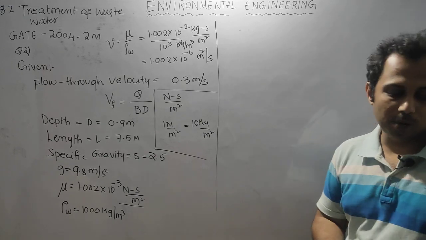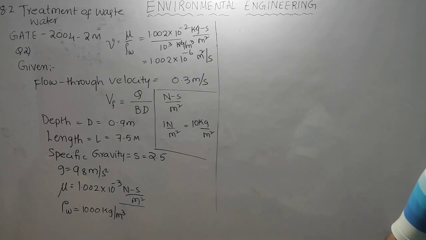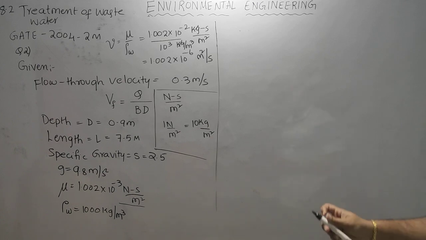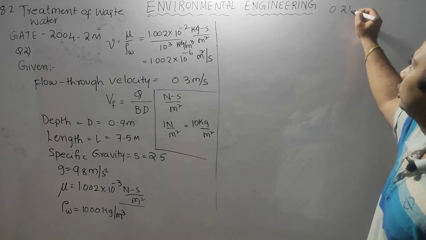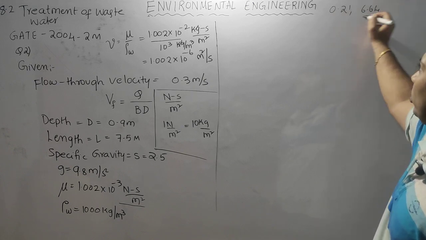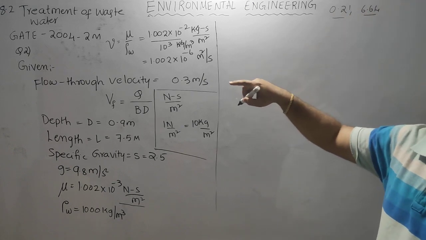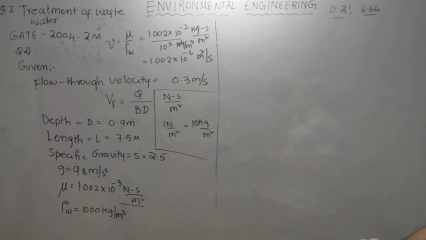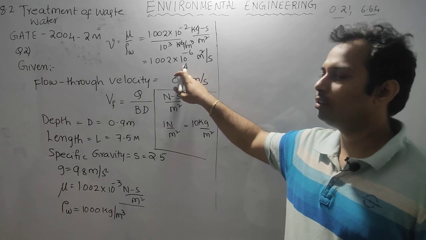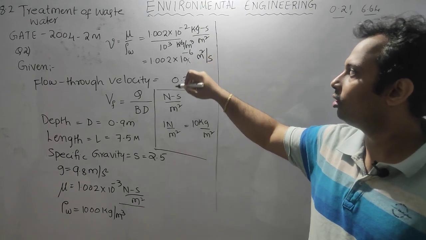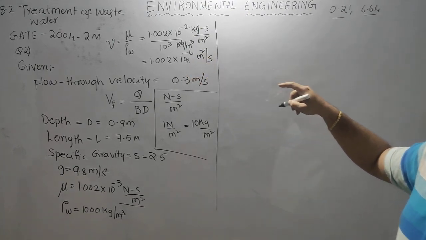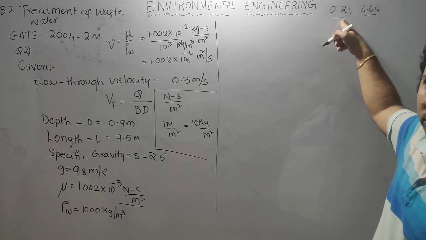If you look at the options, there are two options, one is 0.21 and another is 6.64. You will get both answers if you don't do the calculation properly. If you take nu as this, you will get 6.64, but this is a wrong conversion. If you do the proper conversion, you will get the proper answer, that is 0.21.